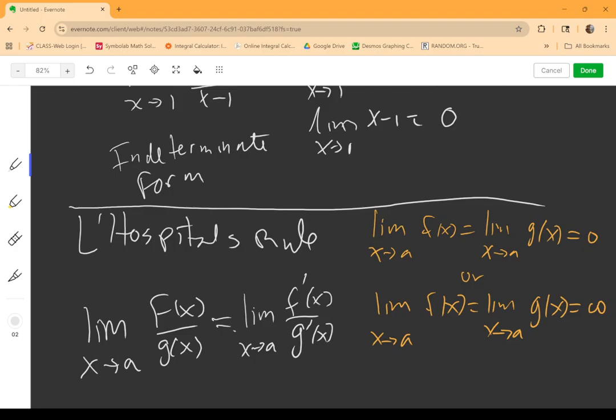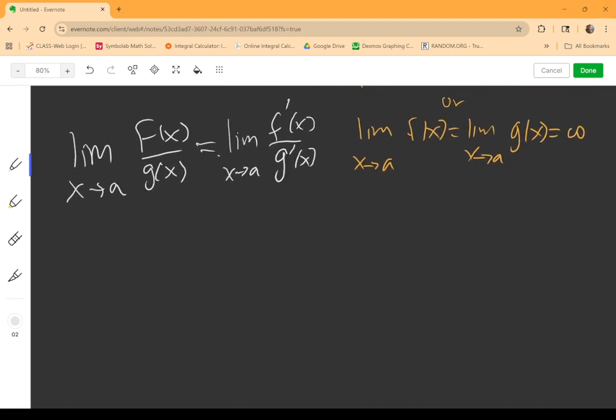The implications of it are really widespread, in that now I can evaluate such a limit by simply taking the derivative of the numerator and the denominator, right? Now keep that in mind, right? I am not applying the quotient rule. I'm just simply thinking of them as two separate functions and taking the derivative of each one of those individually, right?